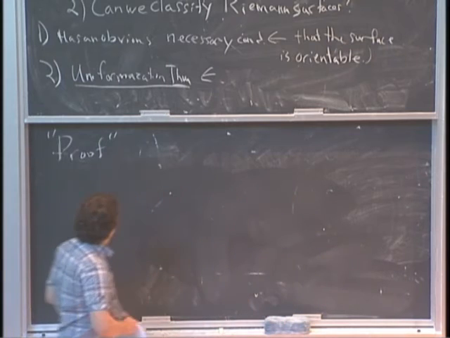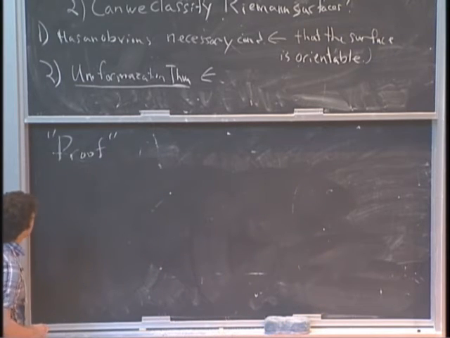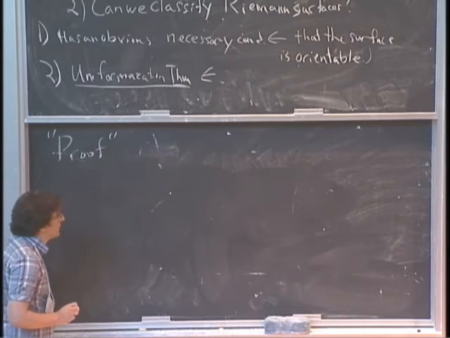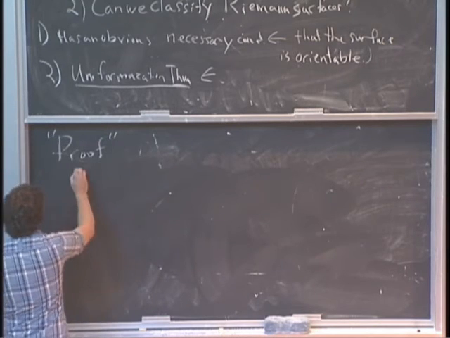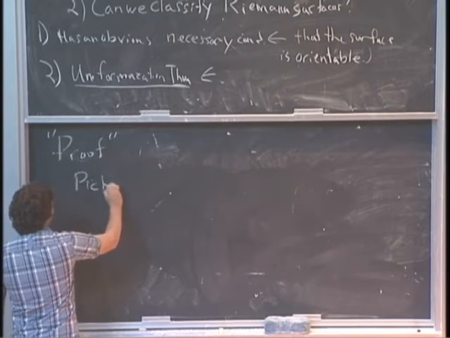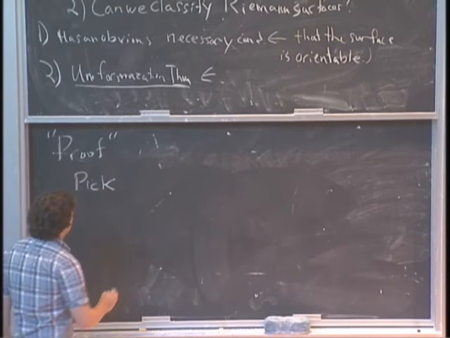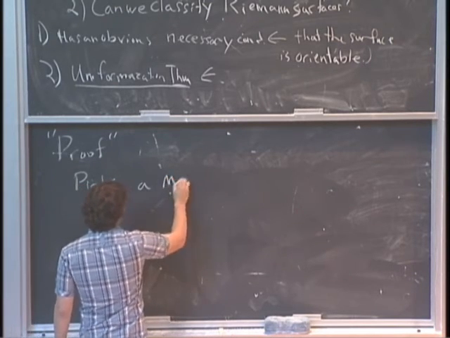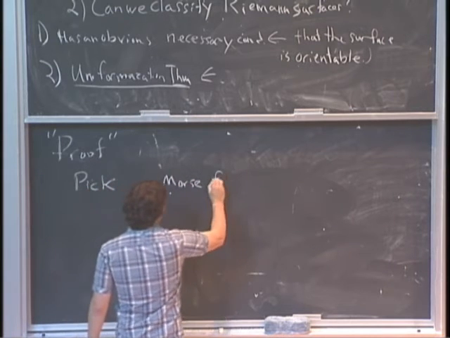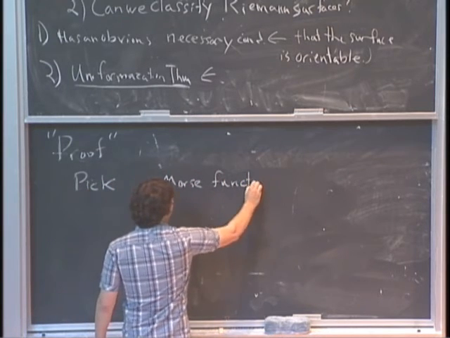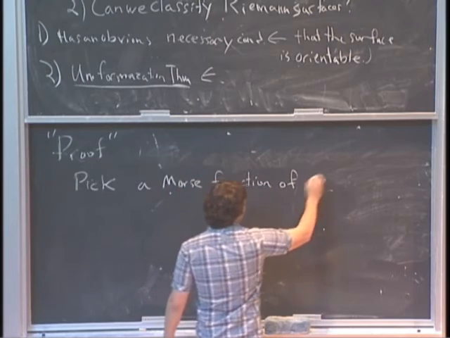And the way we're going to do that is we're going to use what's called a Morse function. Right, so the proof is we're going to pick, and this is obviously a slightly loaded statement, a Morse function on sigma.